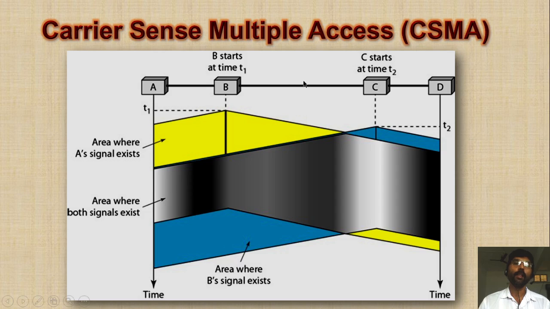It's idle, so it will send one frame over the network. This is the time called t1. At this time, B transmits the data. After some time, at t2, C wants to send some data. So at time t2, it will sense the medium.